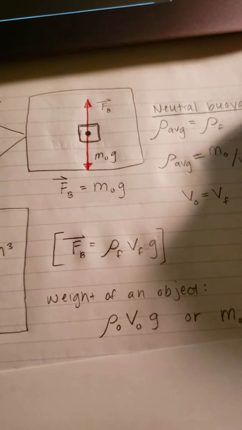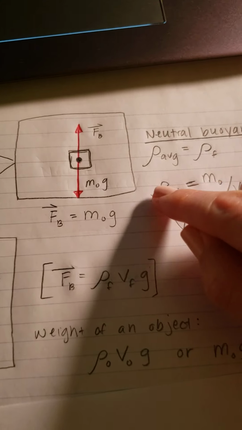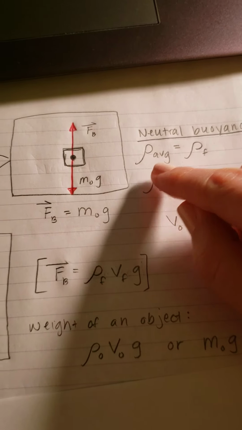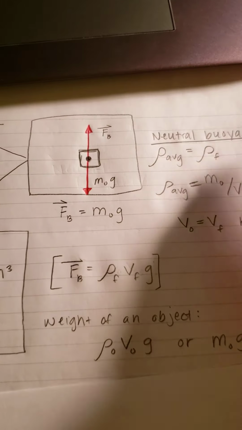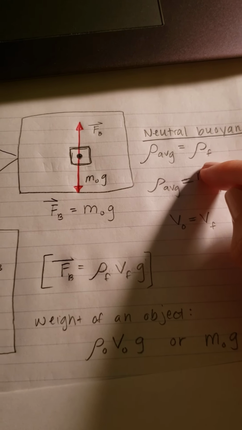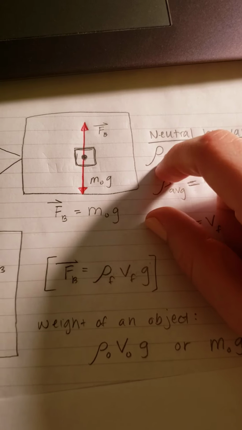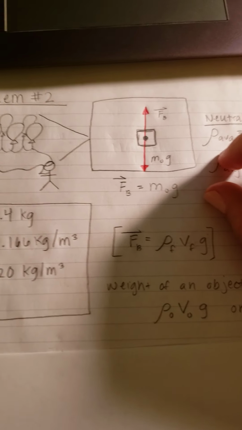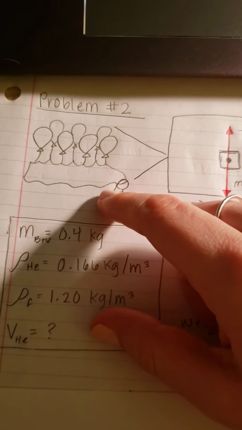And because we are in a state of neutral buoyancy, we know that the average density is equal to the density of the fluid. We have to note that it's the average density here because we're working with a compound object.